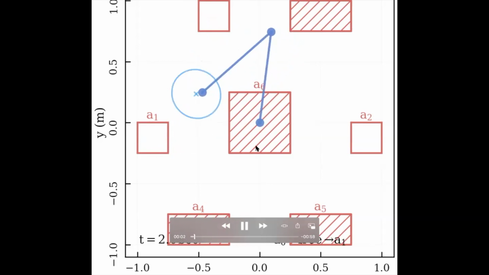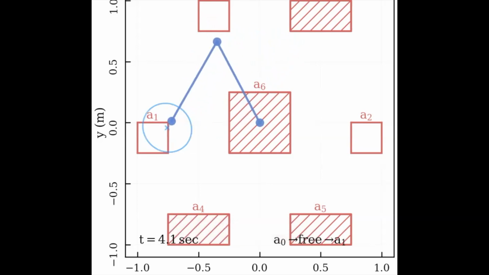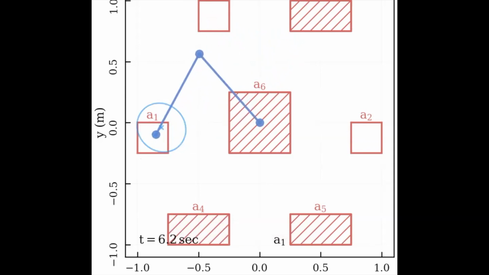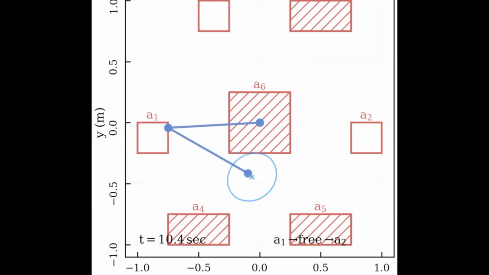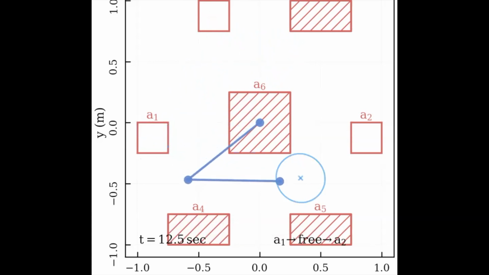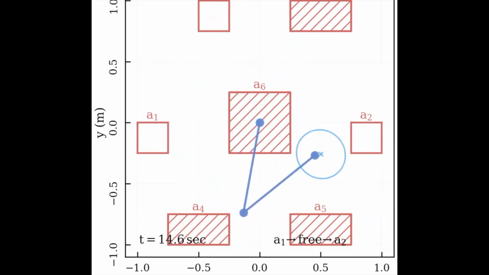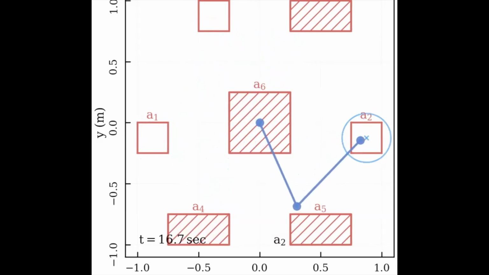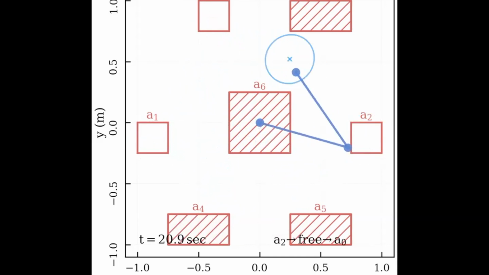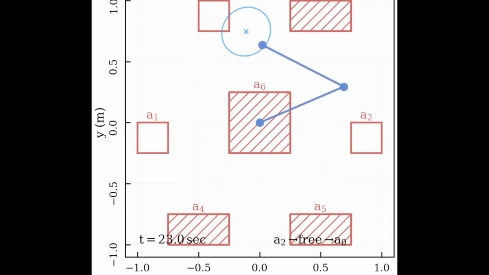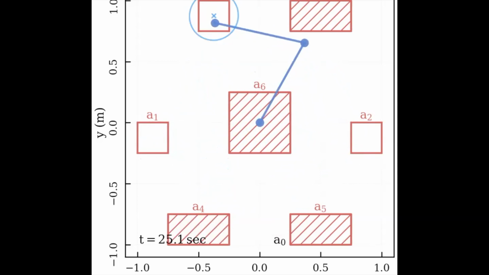So except for the polytopic regions that represent the desired regions and obstacle regions, we also have this ellipsoidal shape which represents the 0 sublevel set of a barrier function for a barrier pair. The cross at the center of this ellipsoid represents the sampled equilibrium point of this barrier pair.